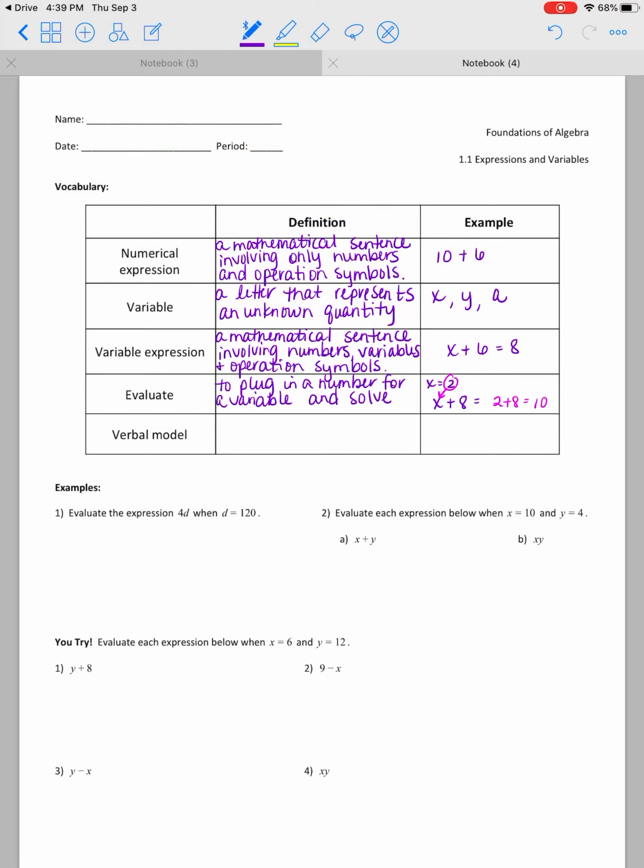Then our last vocabulary that we need to know is a verbal model, and it's a word equation that represents a real situation.